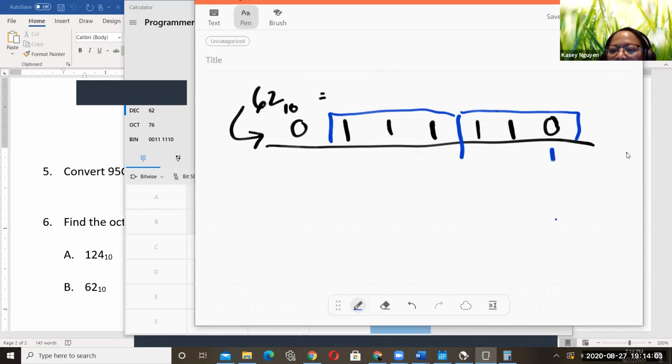The decimal equivalents are 1, 2, and 4. Then another 3 bits, forget about everything else, again 1, 2, and 4. It's never going to go higher than 4 in decimal for octal.